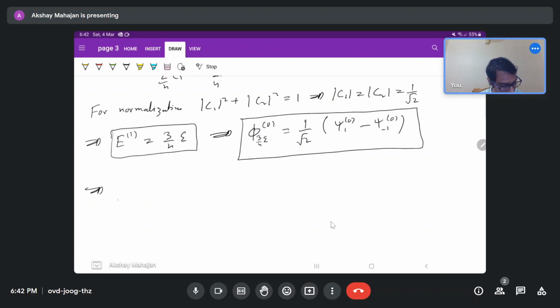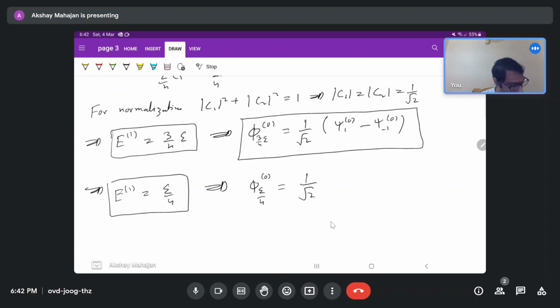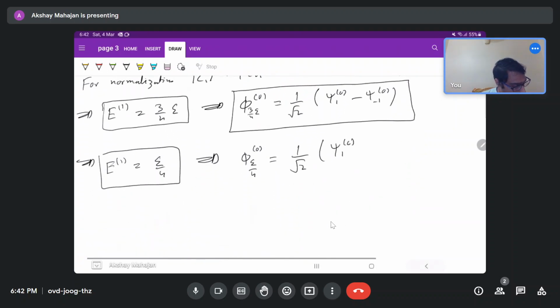And for E1 equals to epsilon by 4, we will have phi epsilon by 4 0th order equals to 1 by root 2 times psi 1 of 0, as C1 is equal to C2. So it will be just the sum of both, plus psi of minus 1 of 0.